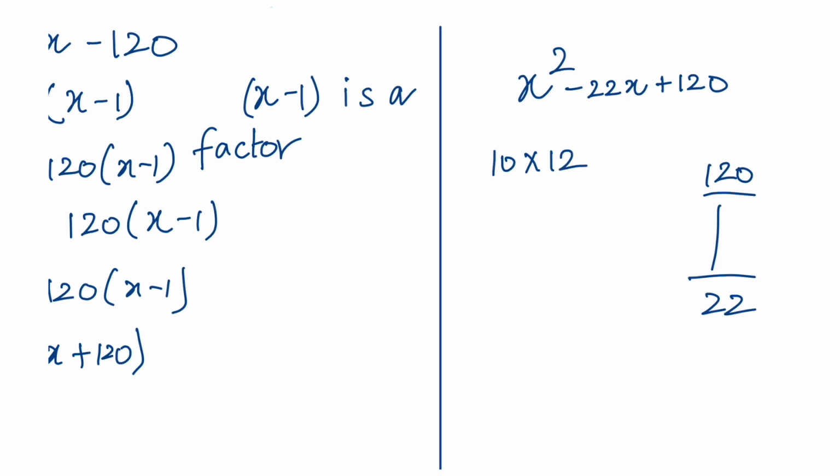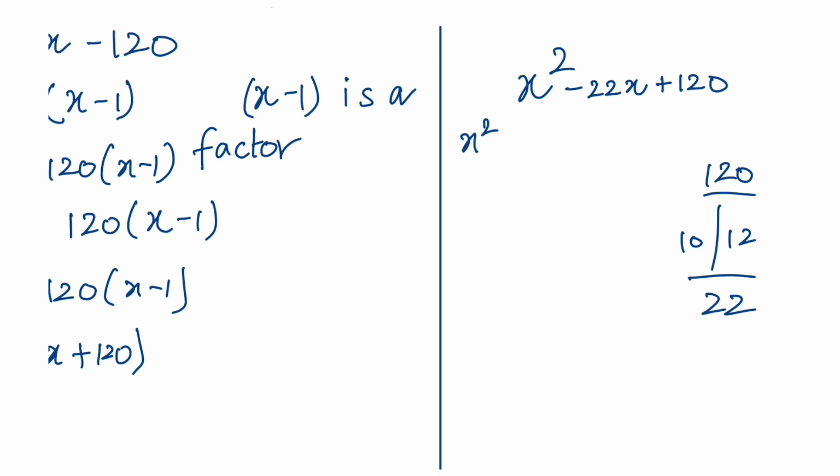There can be so many other ways as well, like 2 into 60, but 10 into 12 is a simple thing that comes to your mind directly first, and 10 into 12 is 120 and 10 plus 12 is 22. So 10 and 12 could be the numbers that can be used to split this middle term.